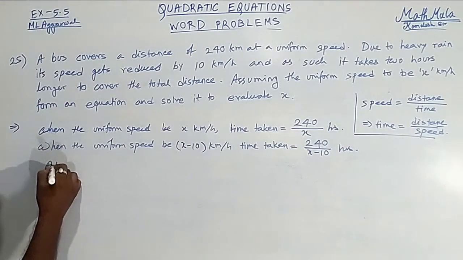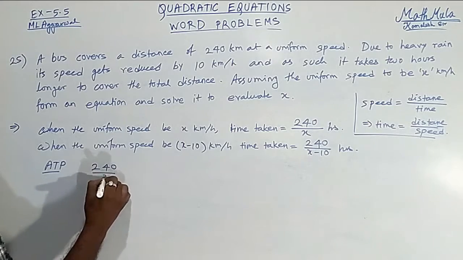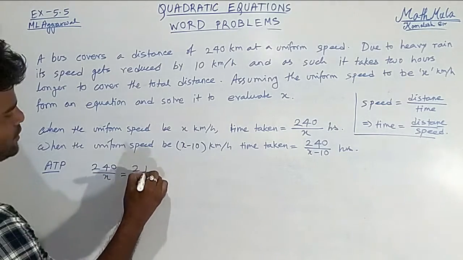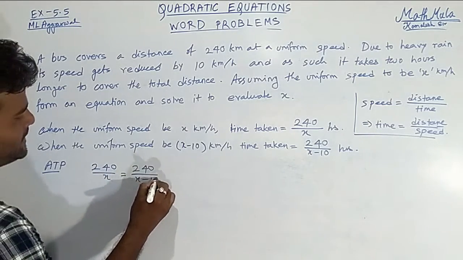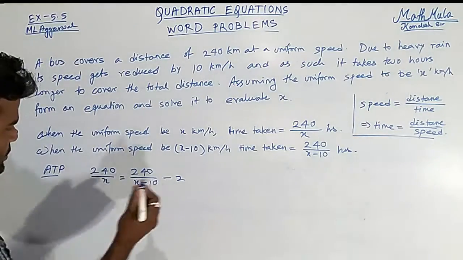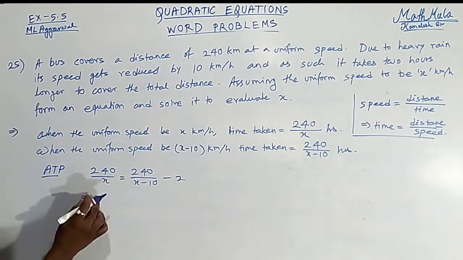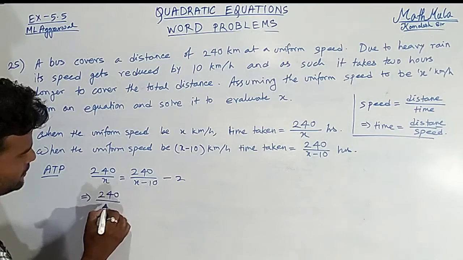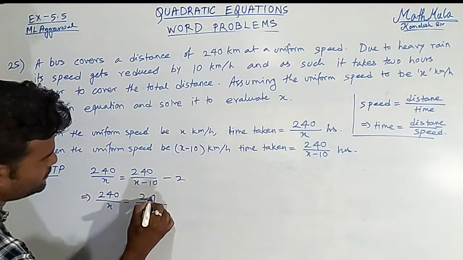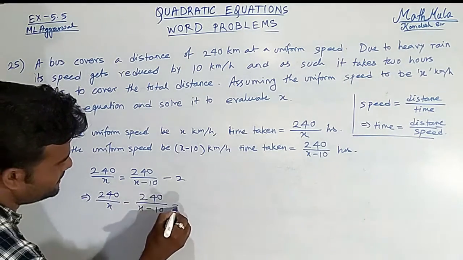For the second condition, it takes 2 hours longer to cover the total distance. Now according to the problem, 240 by x is equal to 240 by x minus 10 minus 2. Now solve this equation. Take this term to the left side. You get 240 by x minus 240 by x minus 10 equals minus 2.